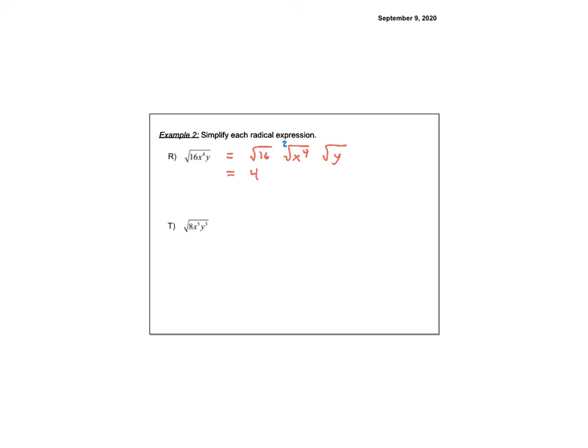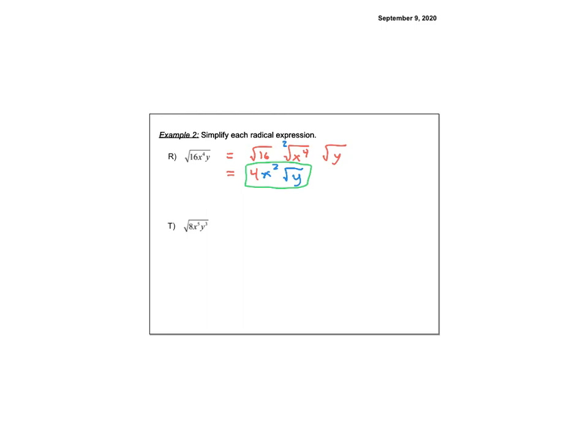What's on the inside is divided by that little 2 for the square root on the outside. So 4 divided by 2 is 2, so this becomes x to the second. And then you cannot find the square root of y because it's a single y. There's not 2 of anything in there of the same thing. So that is our final answer.